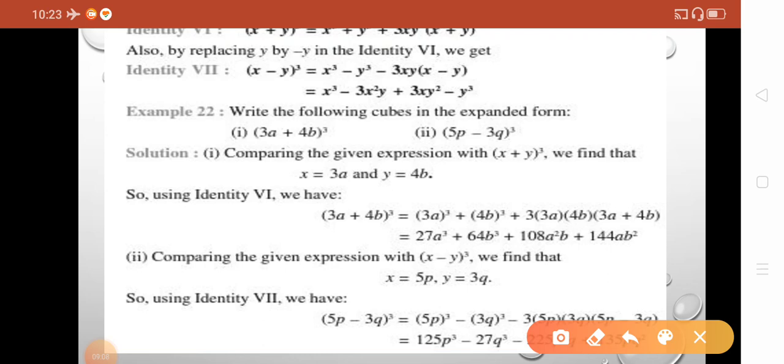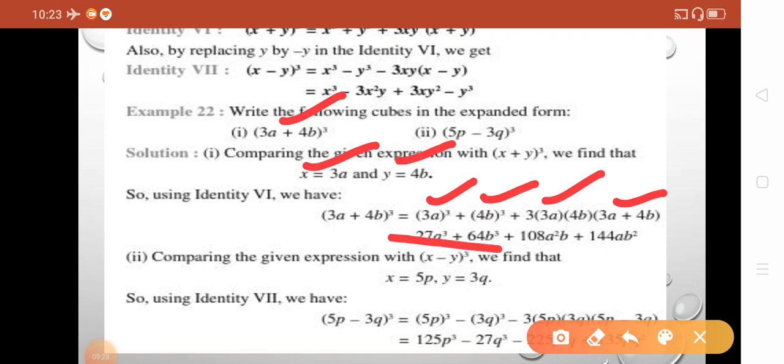So the first is (3a plus 4b) whole cube. Here the value of x is 3a and the value of y is 4b. So we will open the formula, and the formula is x cube plus y cube plus 3xy(x plus y), or either you can open 3x square y plus 3y square x, and you will get your answer here. Next is (5p minus 3q) cube.